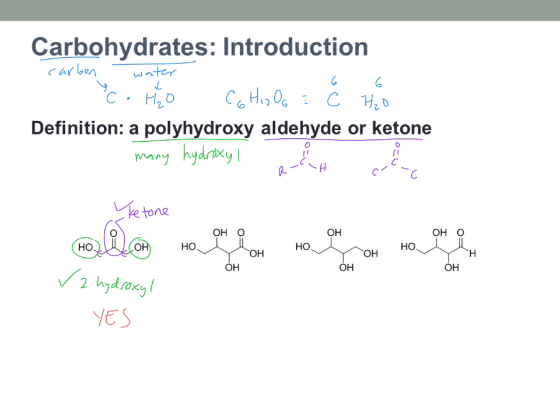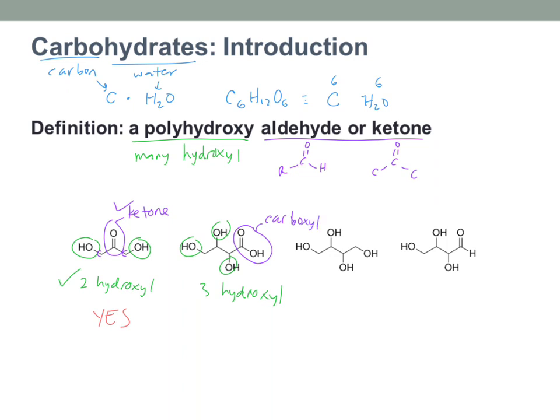If I look at the second one, yes, I have multiple hydroxyl groups. In this case, I have 3 hydroxyl groups. And if I look at my carbonyl functional group here, it looks like I have a carboxyl, because I have a C double bond O with an OH on it.